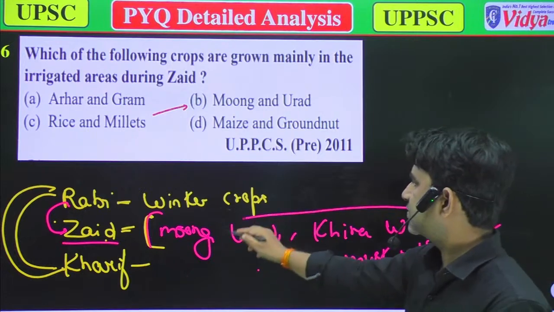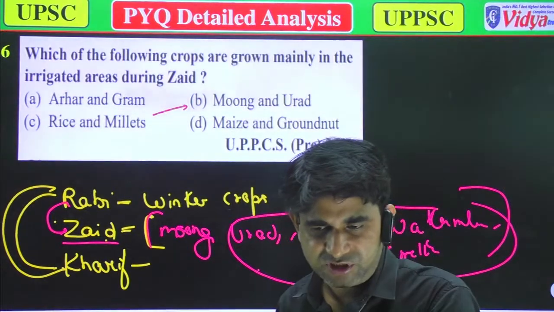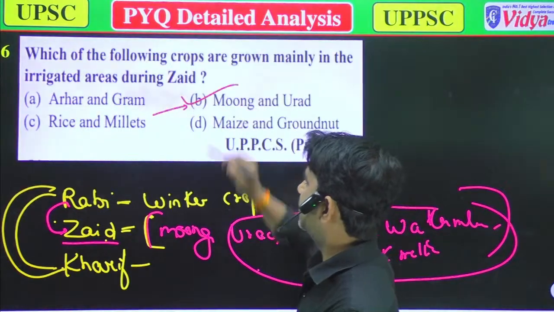So these are the crops sown at the time of Zaid, so option 2 is correct.